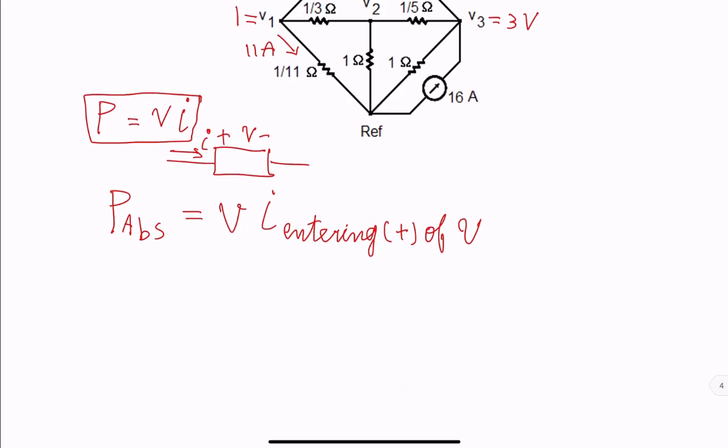If you want to find power for any of the resistors, it's easier to use P equal to RI square.